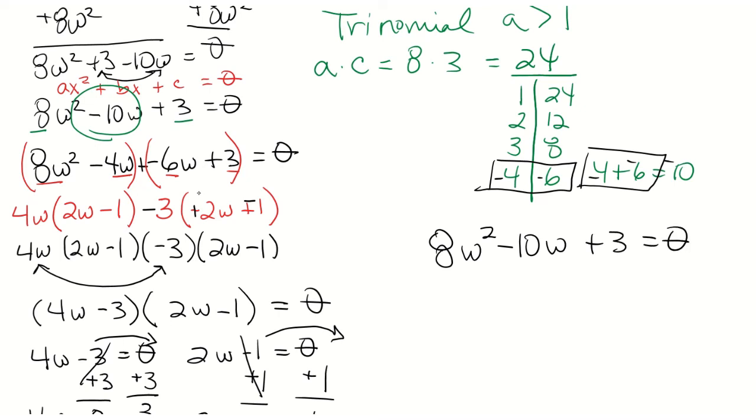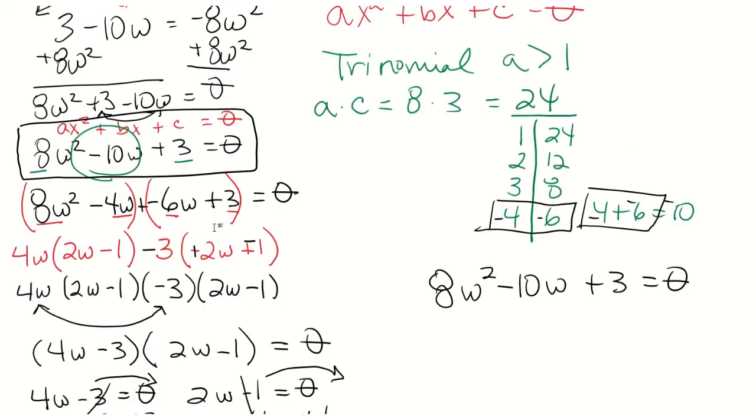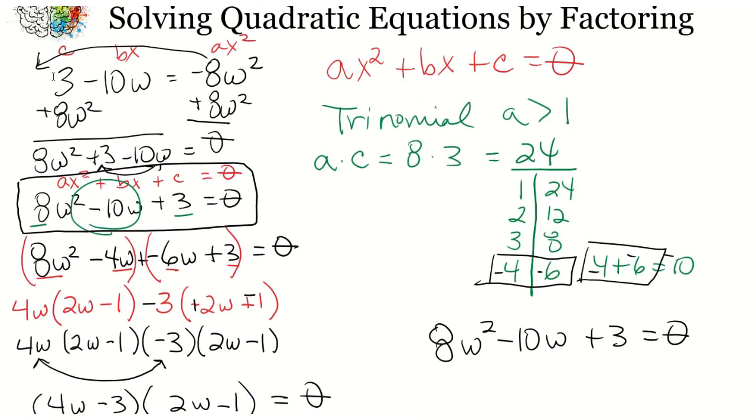Notice that I'm using this equation right here, which is just a modified version. You can use the original equation, but I think it's a little bit easier if you use the equation where we have arranged or moved our numbers and variables around in order to be in the quadratic equation format.